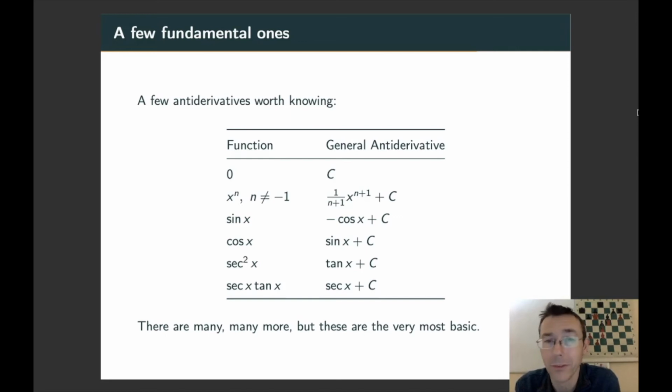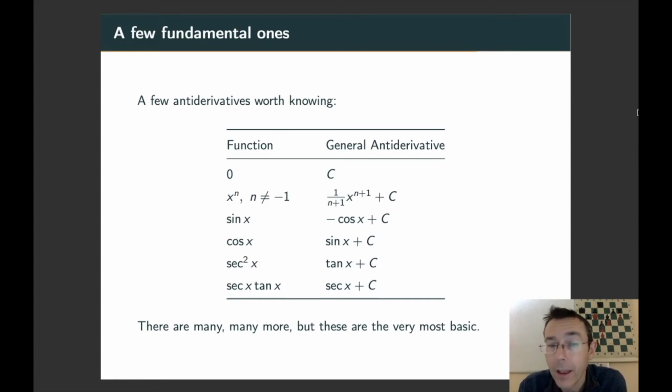Of course, when we differentiate, it goes down. So when we antidifferentiate, it goes up. That gives you the x to the n plus 1. Then when you differentiate x to the n plus 1, that power is going to come down. So we need a factor of 1 over n plus 1 to cancel it. Overall, we get 1 over n plus 1 times x to the n plus 1 plus c.